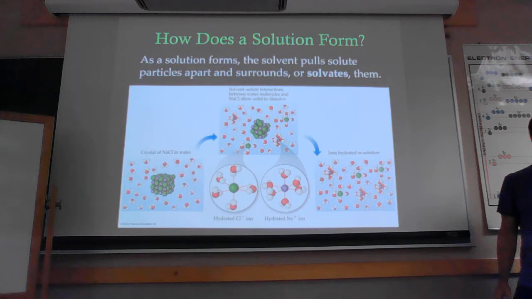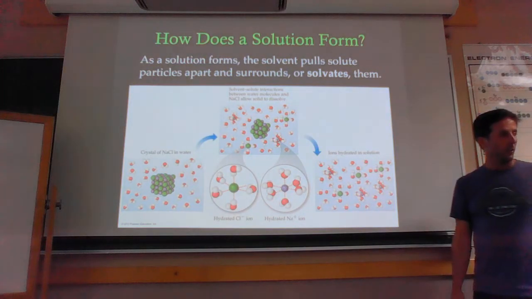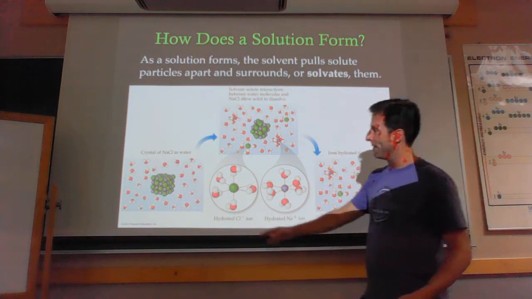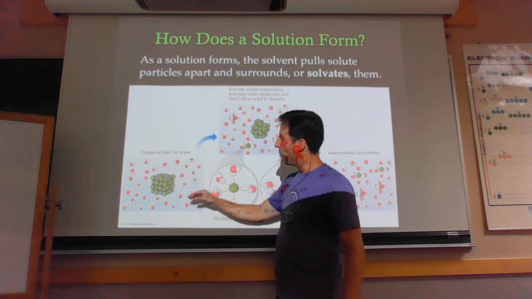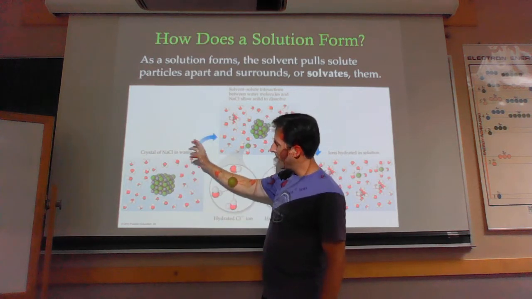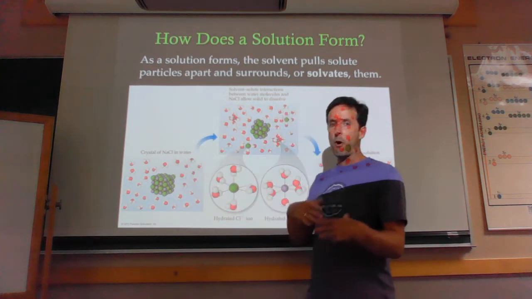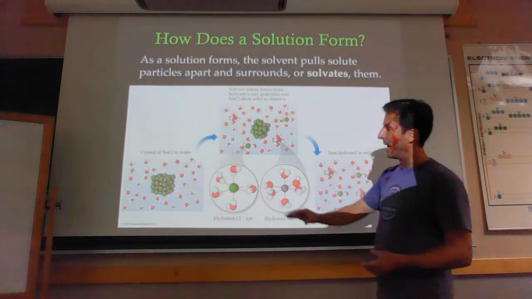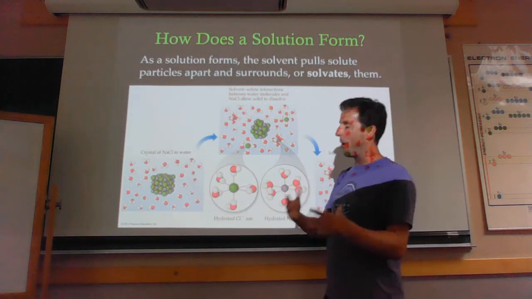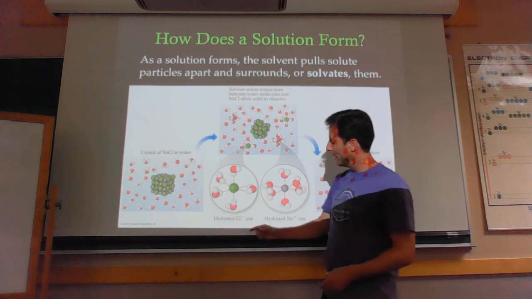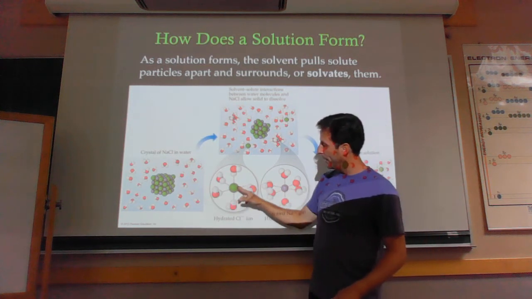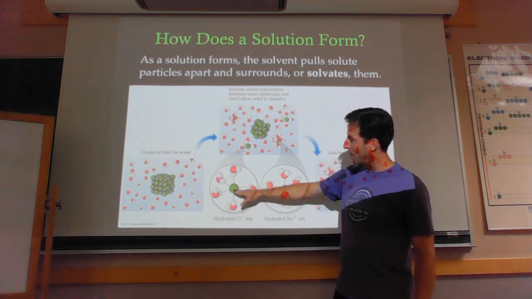All right, so how does solution occur? Essentially, let's just say we have a crystal of sodium chloride. The water molecules come in, and they pull apart one particle at a time. In an ionic compound, each particle is an ion. So I have the chloride ion, the green spheres, that's a Cl-.